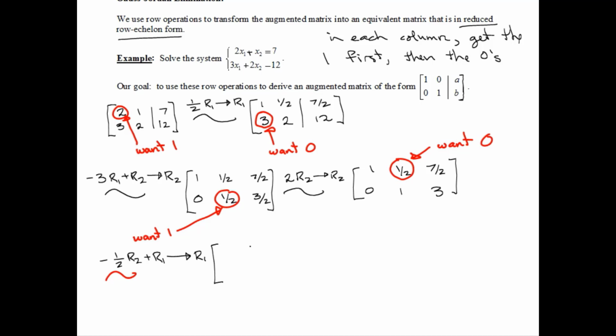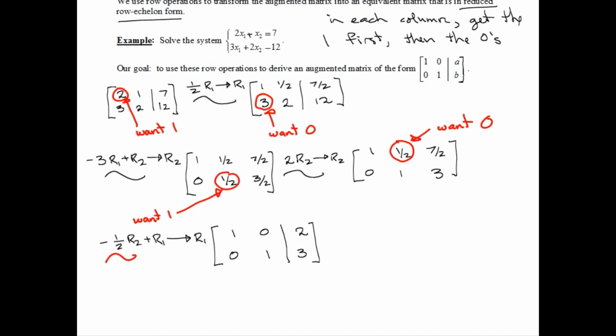When we do that, we should get 1, 0, 2 for our top row. Our second row is still 0, 1, 3. Let's put the vertical line back in. And now, do you see how easy it is to read the solution off of this? x1 is 2, because, let me write out one more step.